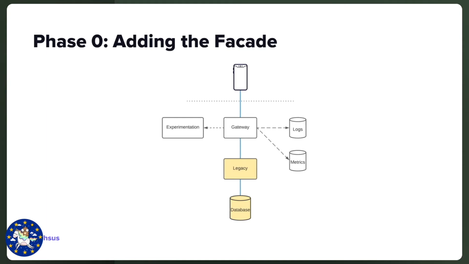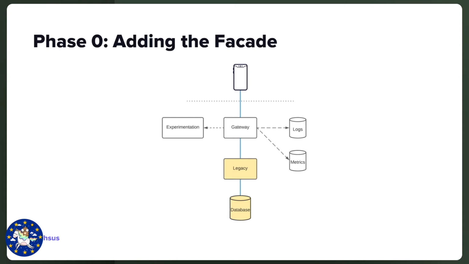So the first phase of starting that migration was adding the Strangler Facade that we previously looked at. In this case, we could have used an HTTP proxy, but we decided to build a gateway service in Go. And that was because we wanted to integrate with our existing experimentation system.